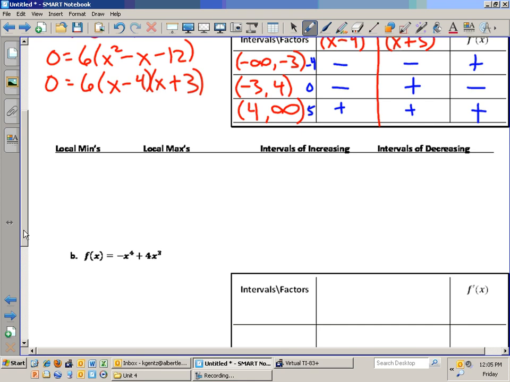Where is the function increasing? Negative infinity to negative 3. Where else? 4 to infinity. Where's the function decreasing? From negative 3 to positive 4.